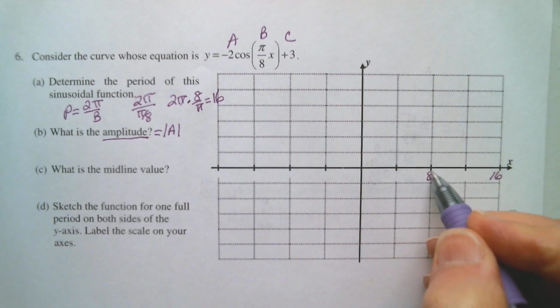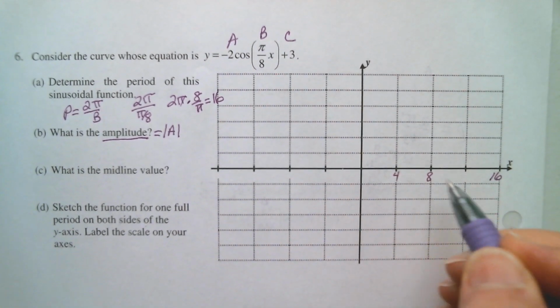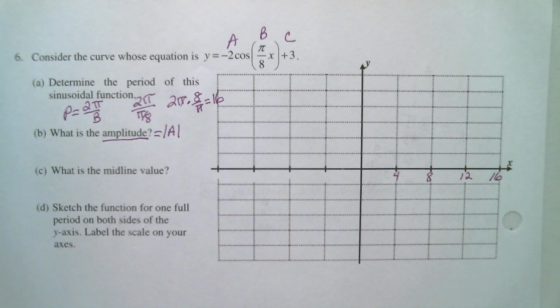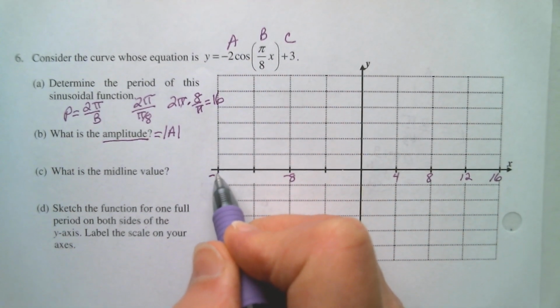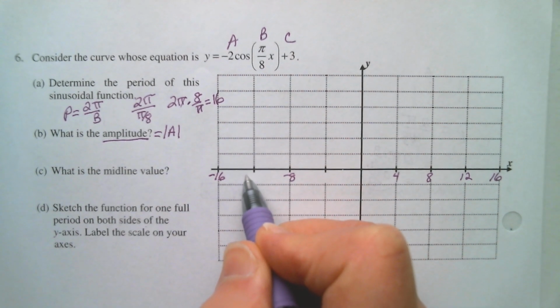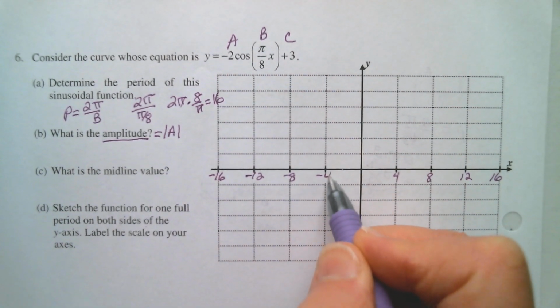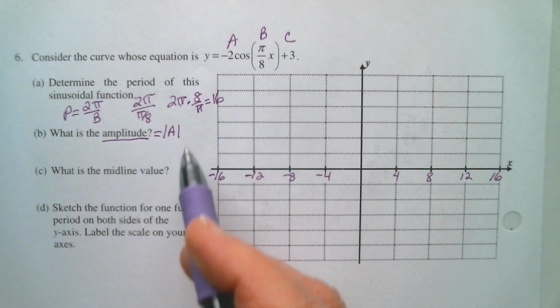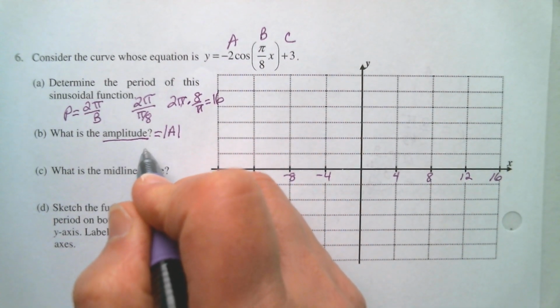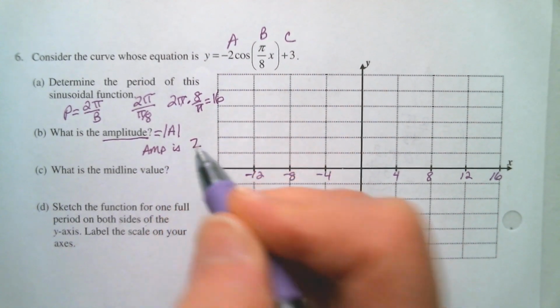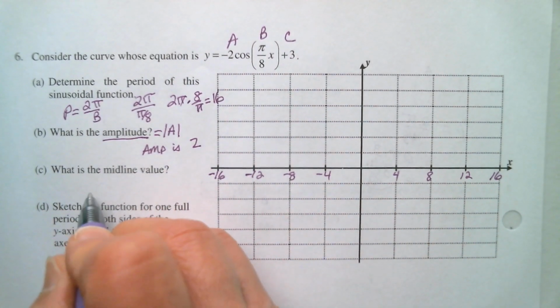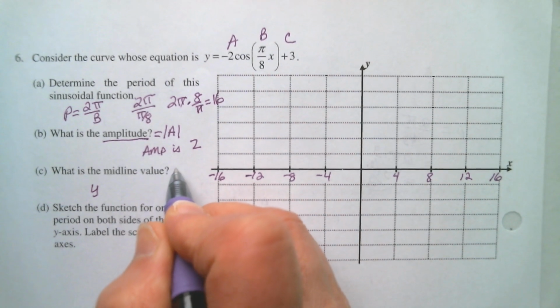Half of 16 is 8, half of 8 is 4, between 8 and 16 is 12. The amplitude is 2. The midline value is 3.